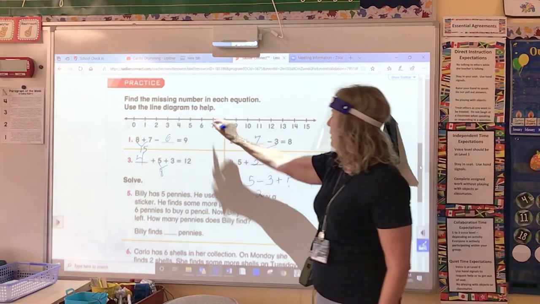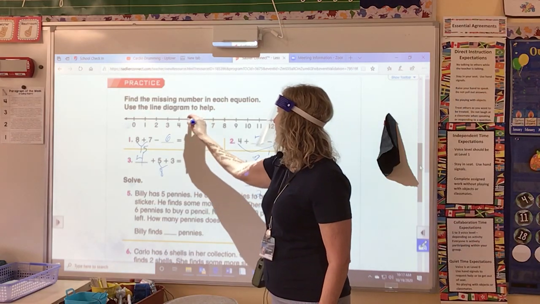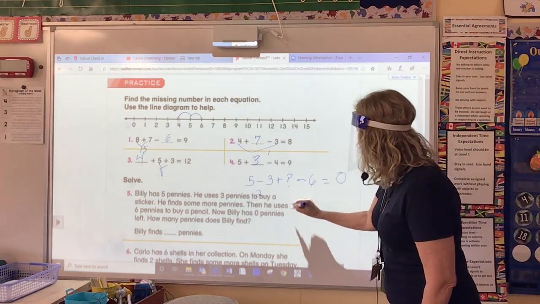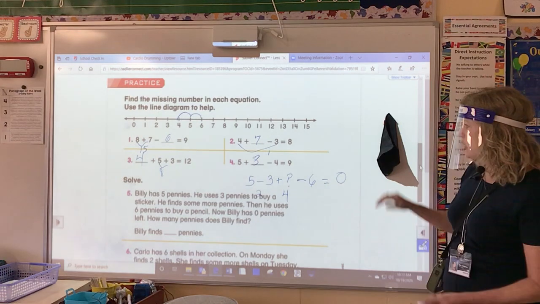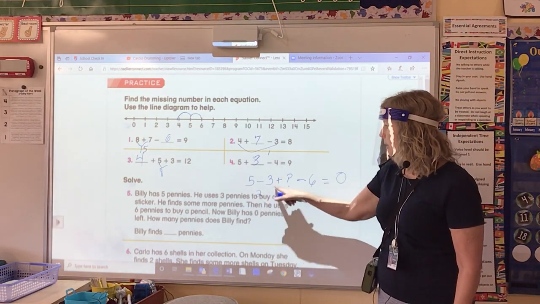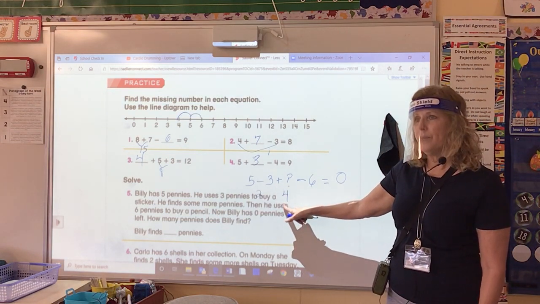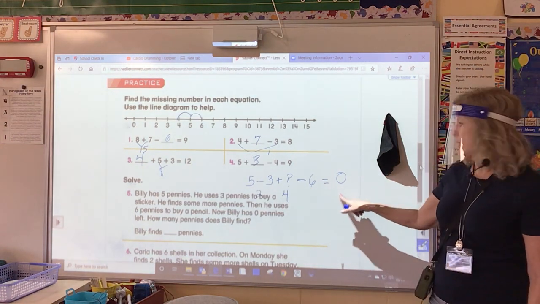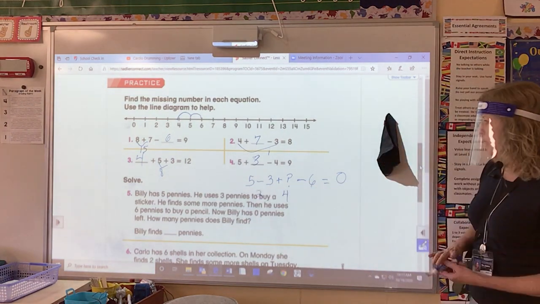So 6 minus the 2 equals 4. So let's see if that is right. So 4 is replacing the question mark. We already did 5 minus 3 equals 2, plus our 4 equals what? 6 minus our 6 equals 0. All right, that's a really long problem there.